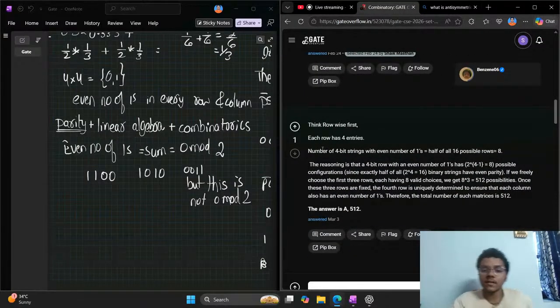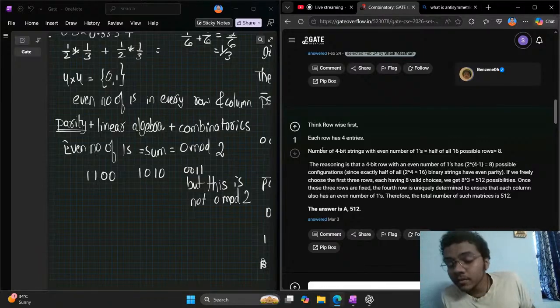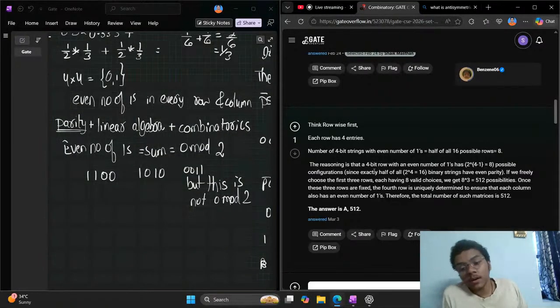Four entries per row, number of 4-bit strings with even number of ones, half of the possible 16 rows, 8. Okay. The reasoning is that a 4-bit row has an even number of ones.